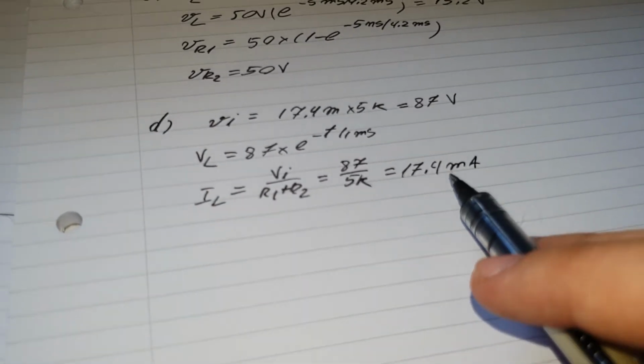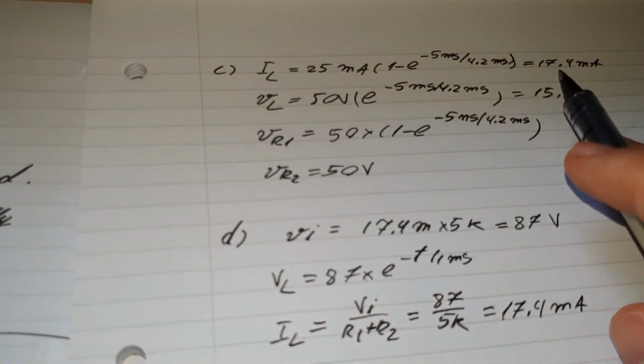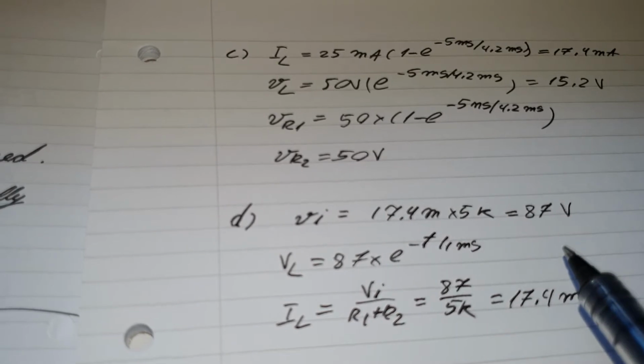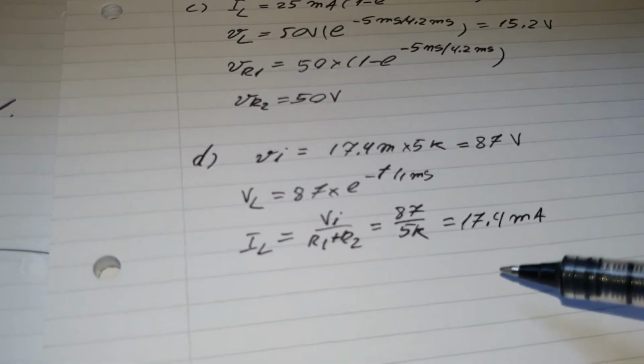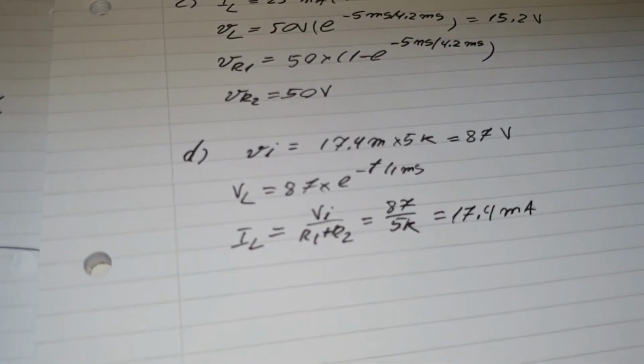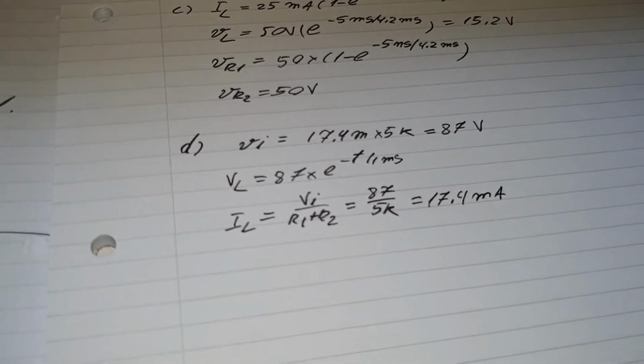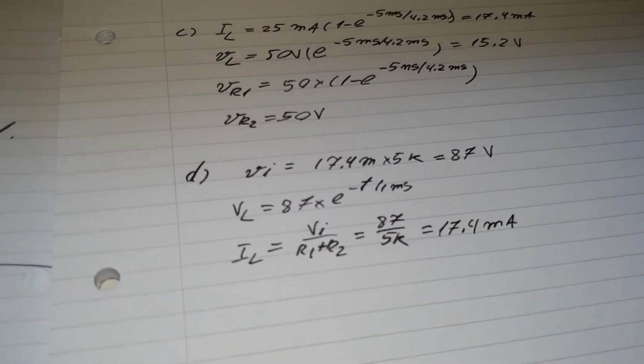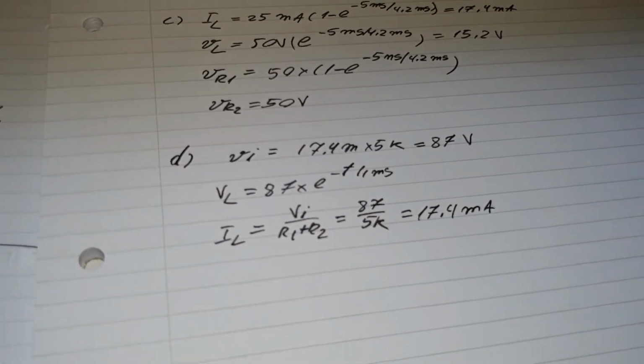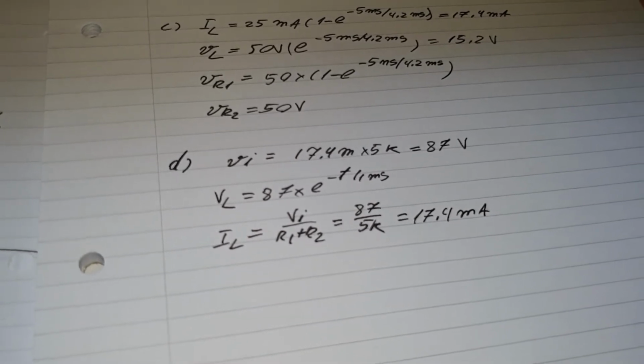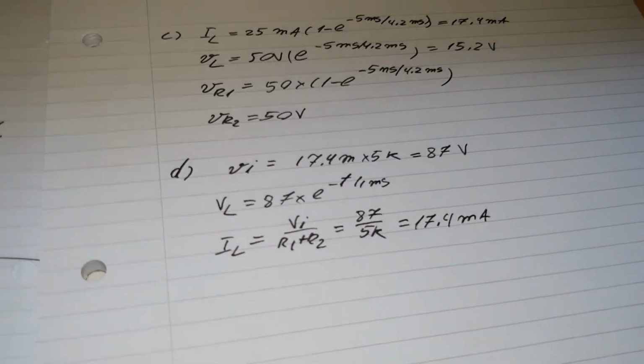Ironically enough, it just gives us the same amperage. I guess I calculated it to show the workings of it. But because it's in series, there should be no difference in current.